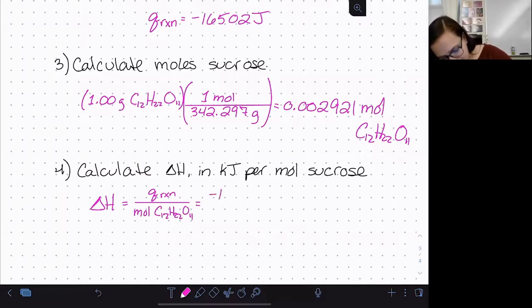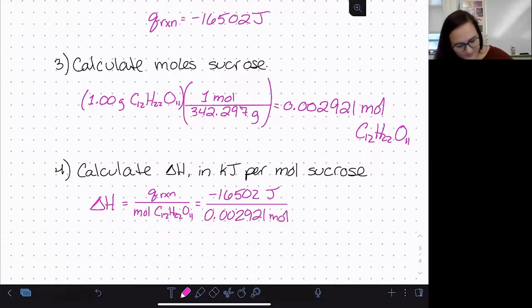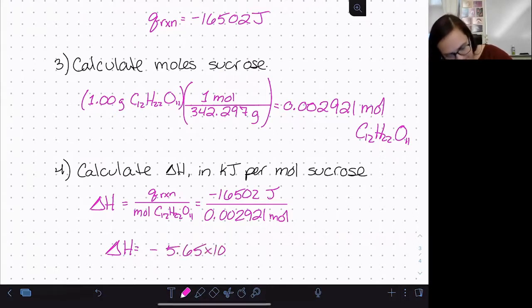So we have negative 16,502 joules per 0.002921 moles of reactant, which gets us about negative 5.65 times 10 to the 6th joules per mole of sucrose.